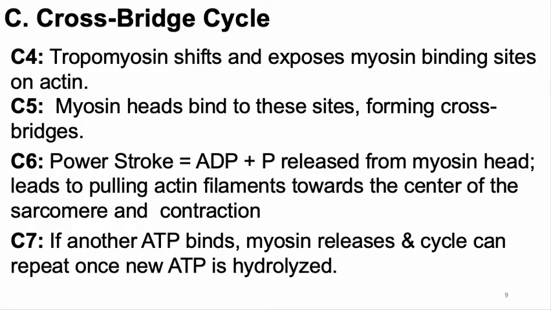Okay, now we're on to the third part of the molecular mechanism of muscle contraction, called the cross-bridge cycle. This is a set of four coordinated steps. I'm not going to read through this because I'm going to show you a bunch of pictures, but for folks that like to see things written out, you can look at the PowerPoint notes that you have access to.